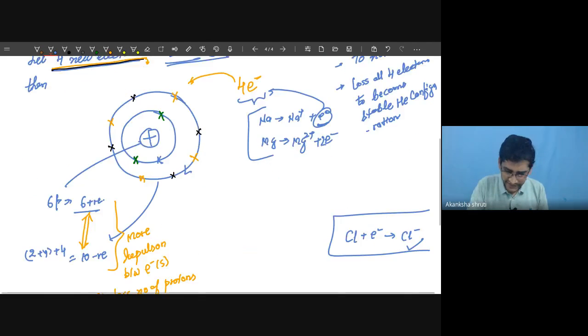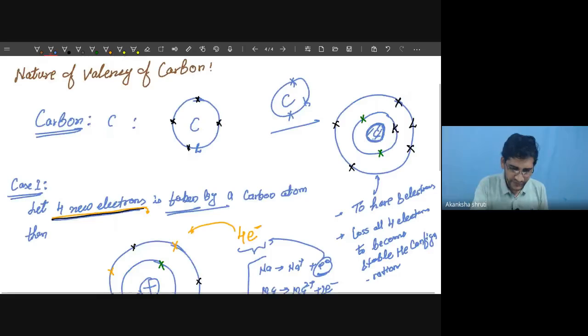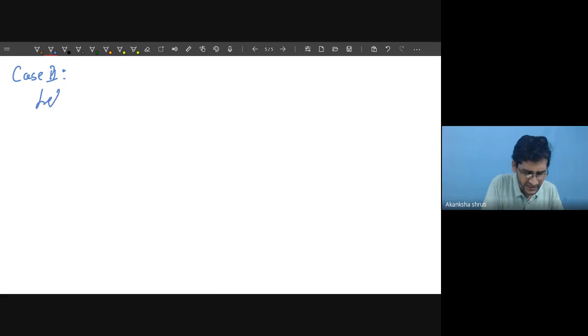Now the second case, let us try to understand if it is going to lose 4 electrons, whether that is possible or not. So take case number 2. Let carbon be losing or trying to lose electrons.